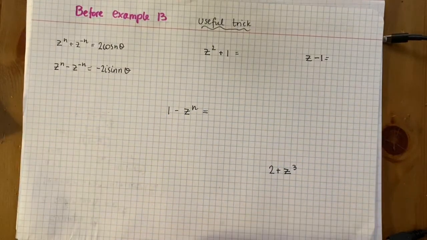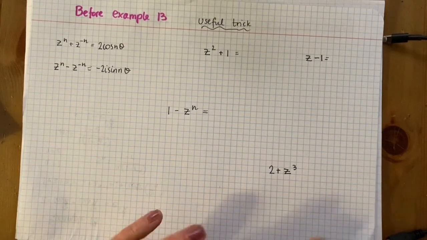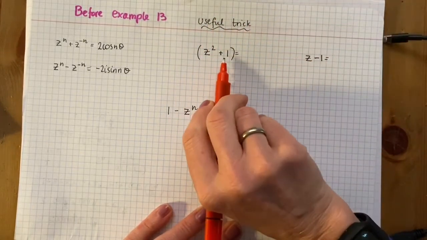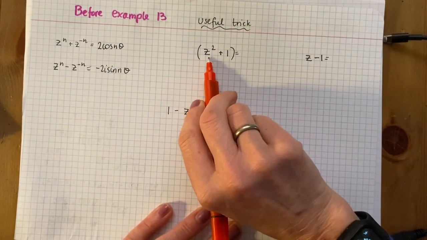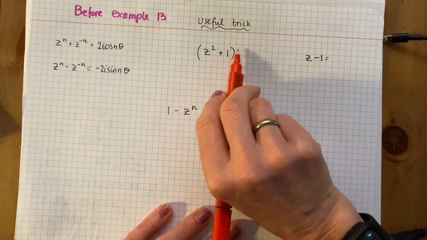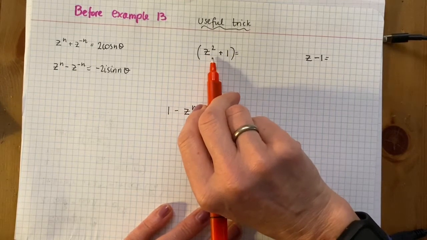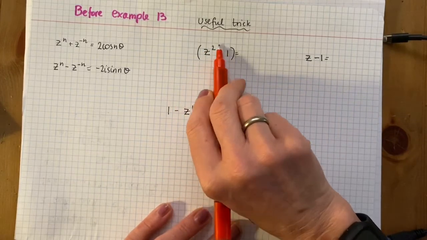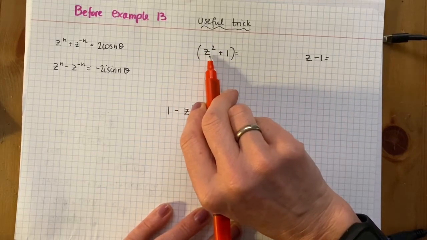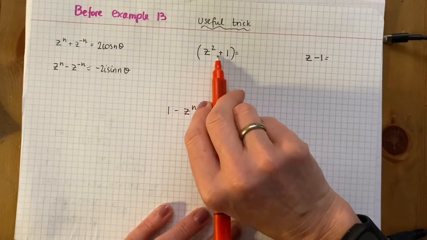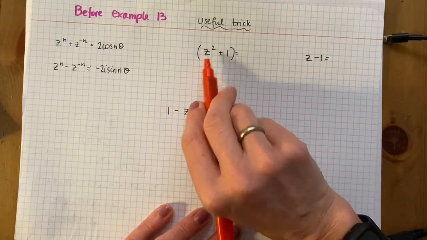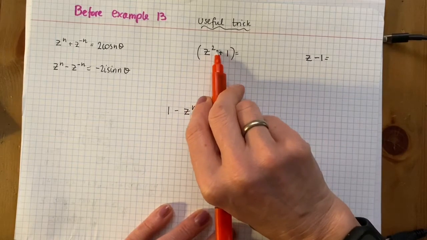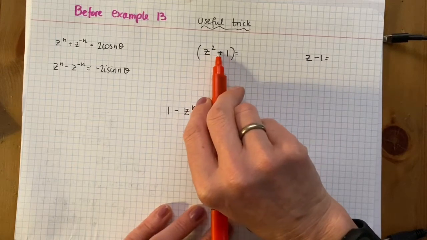So the thing to note is that it works with a complex number plus or minus 1, or 1 minus plus or minus a complex number with a power. The idea is to make this bracket into z with a power plus another z with a power, and those powers need to be equal in magnitude but opposite in sign.